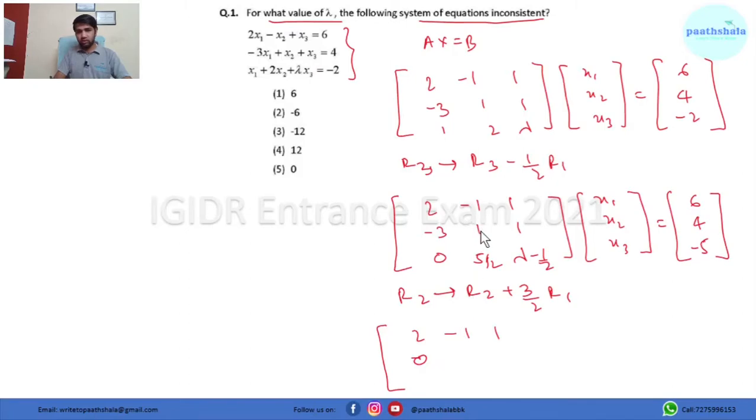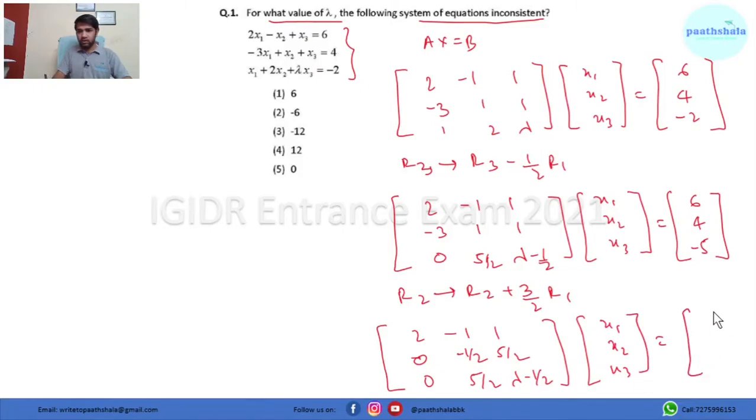Here 1 minus 3 by 2 is -1 by 2, and 1 plus 3 by 2 is 5 by 2. The third row is 0, 5 by 2, lambda minus half. On the right side, 6 multiplied by 3 by 2 gives 9, and 9 plus 4 is 13. Fine, we got this.